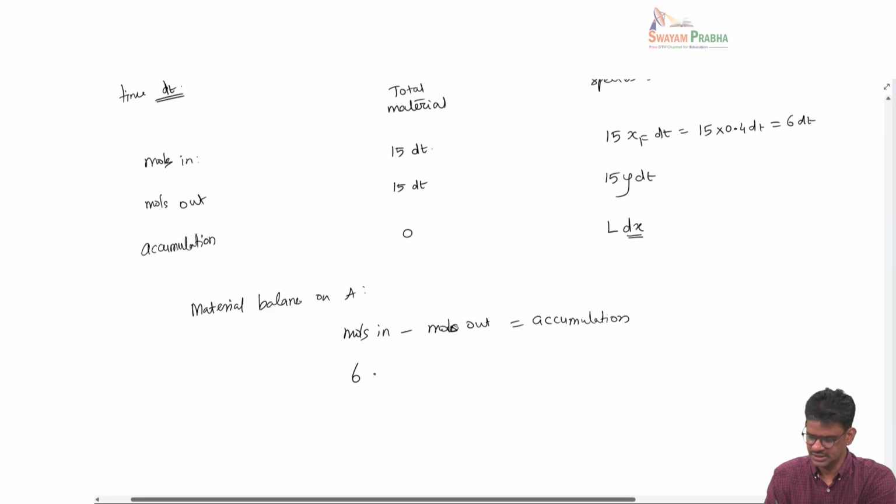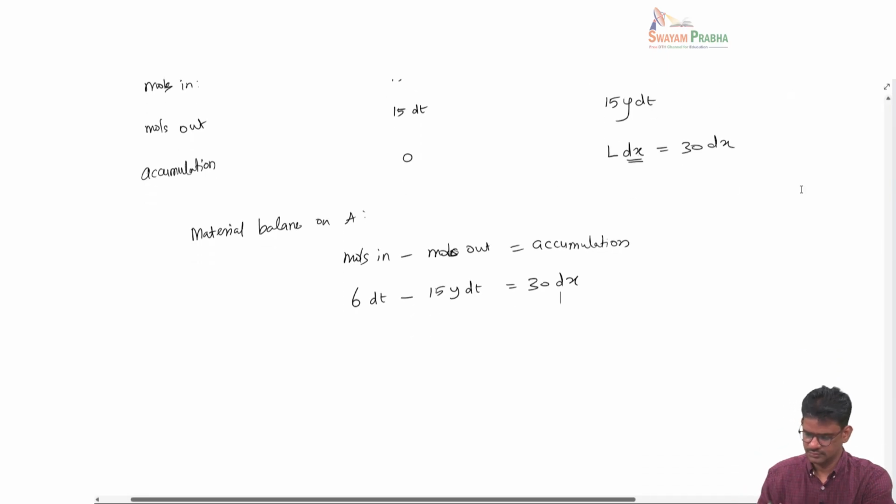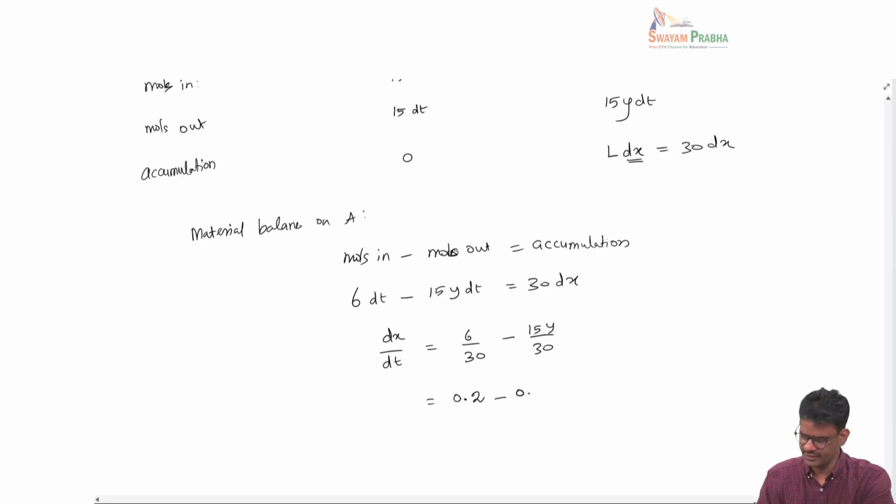So that would be 6 dt minus 15y dt is equal to, by the way, L is 30, so I can put that number here, 30 dx. Then I can write dx by dt is equal to 6 by 30 minus 15y by 30. This is nothing but 0.2 minus 0.5y.